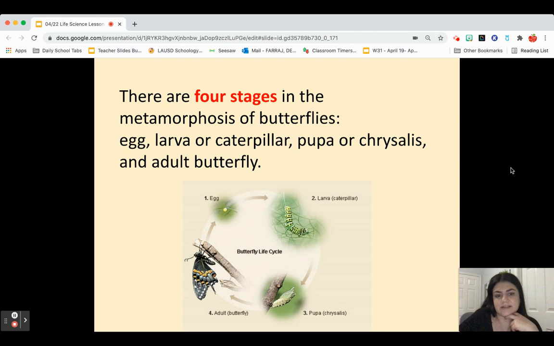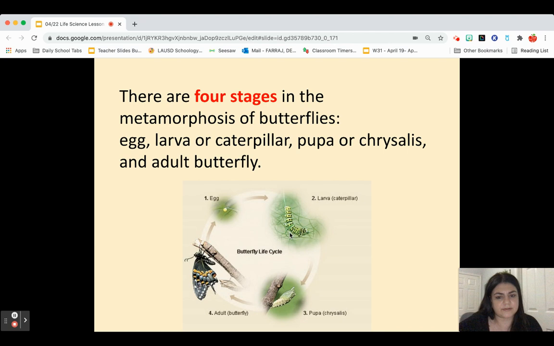Both of those have the same meaning. You can use either one. From a caterpillar, we move to a pupa or chrysalis. This is the form right here, number 3. And the last stage in the butterfly life cycle is an adult. This is an adult butterfly.